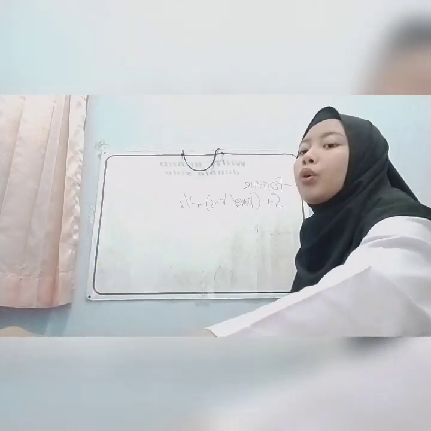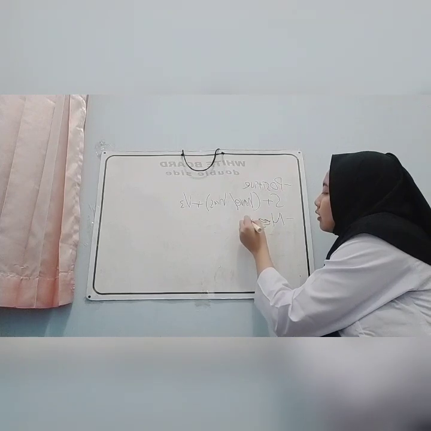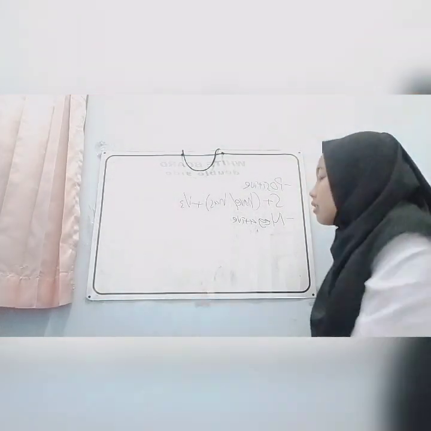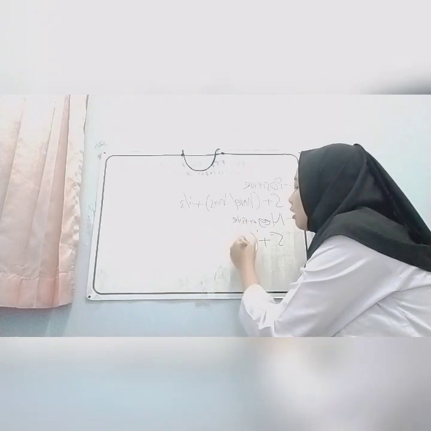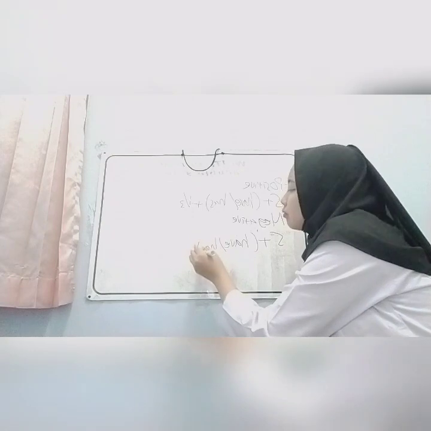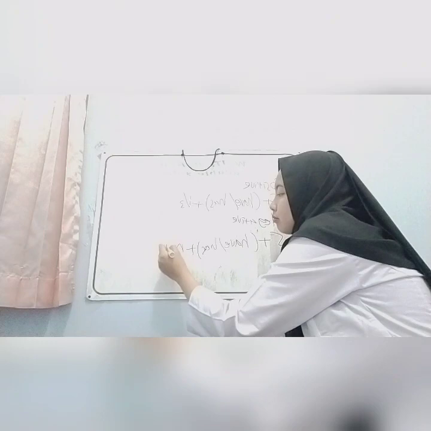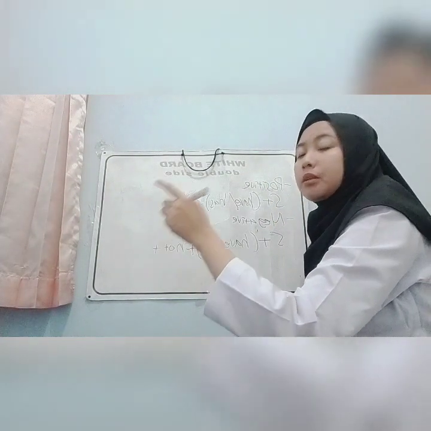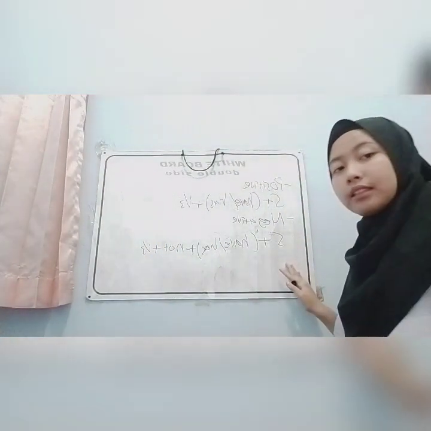Now for negative. The formula is subject plus auxiliary verb have or has plus not plus past participle, verb 3.